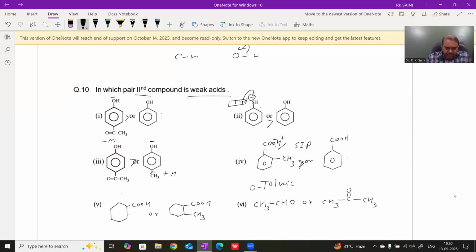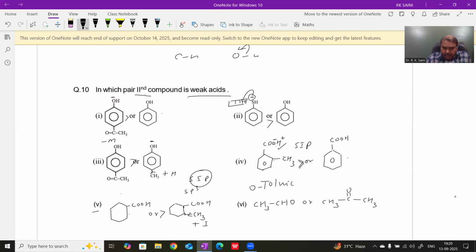In compound 6, it is a cyclic compound: cyclohexane carboxylic acid and 2-methyl cyclohexane carboxylic acid. The second one is less acidic due to the plus I effect, because the carbon has sp3 hybridization, and due to the larger bond distance there is no SIP-type effect.